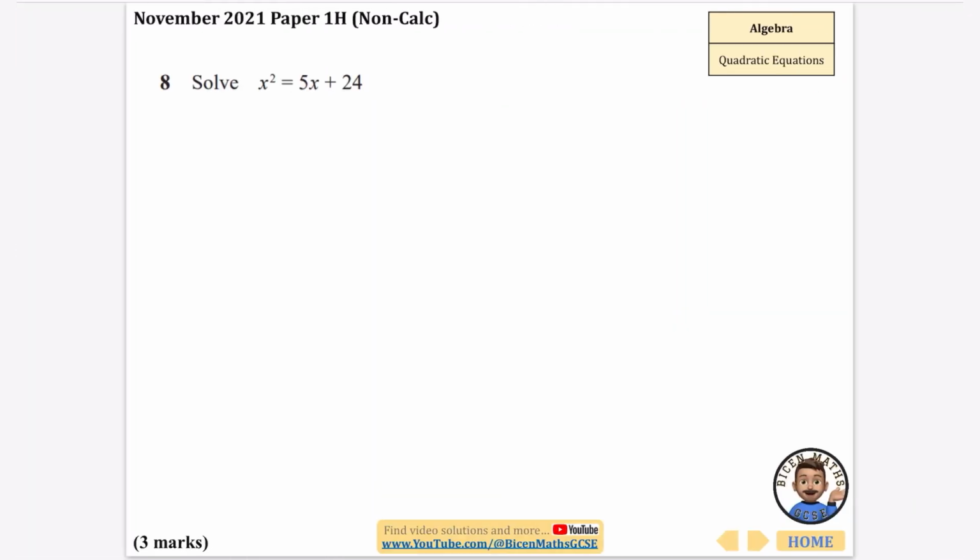Okay, this one is kind of a more traditional one, and it's a non-calculator one, so we are going to make this equal 0. So I'm going to do x squared minus 5x minus 24 equals 0, and then I'm going to try and factorize. So I need to think of 2 numbers that multiply to negative 24 but add to minus 5, and those 2 numbers are going to be minus 8 and plus 3, because they multiply to minus 24 and they add to minus 5.